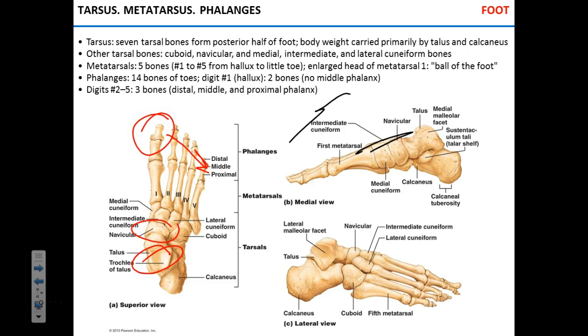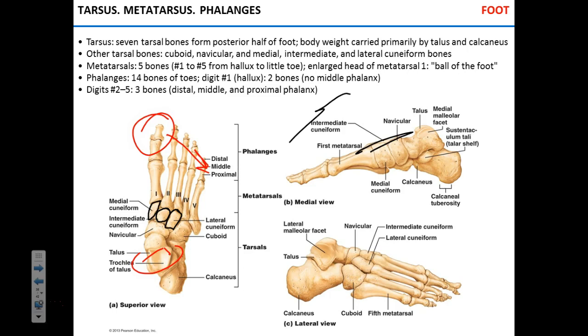And then you have three cuneiform bones. Medial cuneiform, intermediate cuneiform, and lateral cuneiform. So here on this illustration, you can see medial cuneiform, intermediate cuneiform, and lateral cuneiform. You can make another association here. You can say that cuneiform bones, medial is under the first metacarpal, intermediate is under second, and lateral is under third.